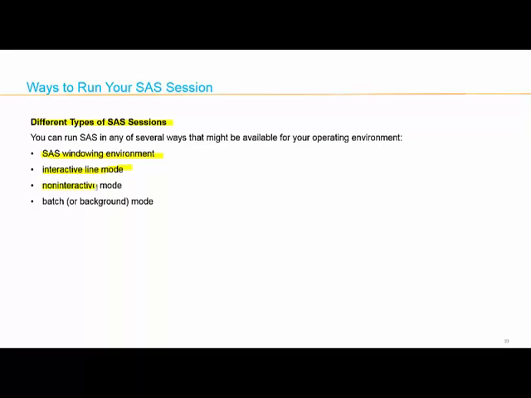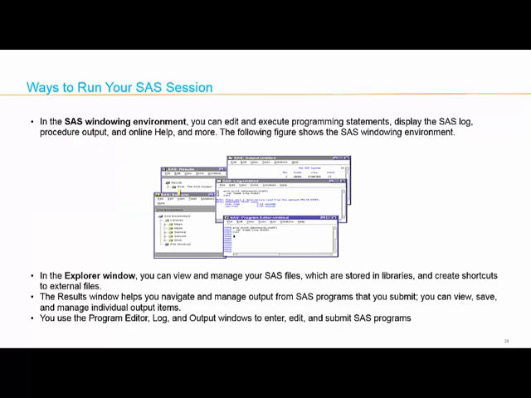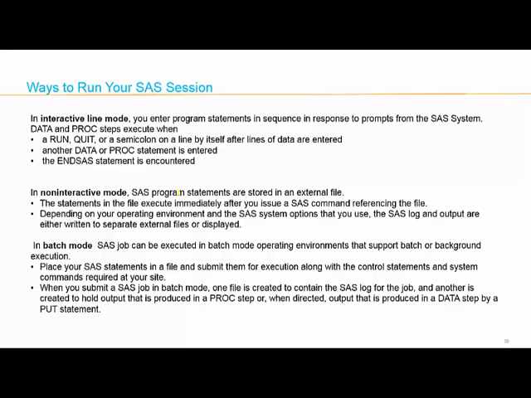Non-interactive mode is normally done on your Linux operating system or on your mainframe. Batch mode is about submitting your SAS code in a batch file to your server. Here they are just explaining the interactive mode and the non-interactive mode, what they mean, and when to use the interactive mode and when to use the non-interactive mode in SAS.